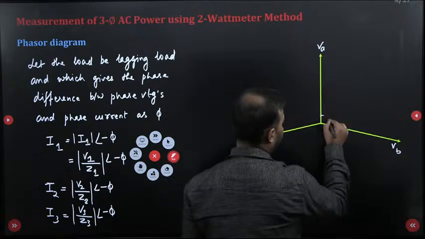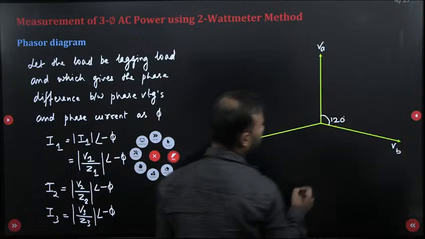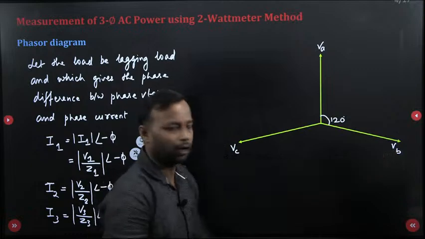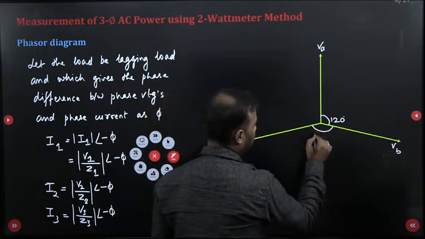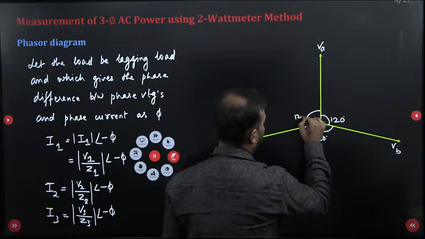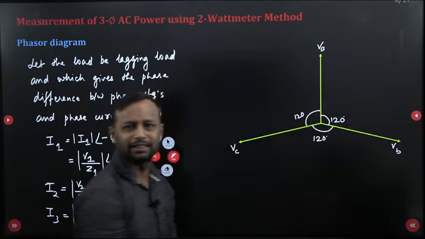So this angle is 120 degree. Similarly, phase C will lag phase B by an angle of 120 degree. So this is again 120 degree. So this angle is what? 120 degree, because the total angle is 360, isn't it?